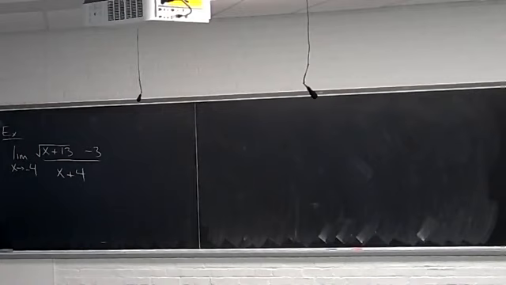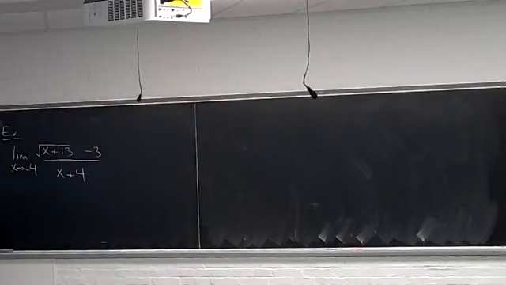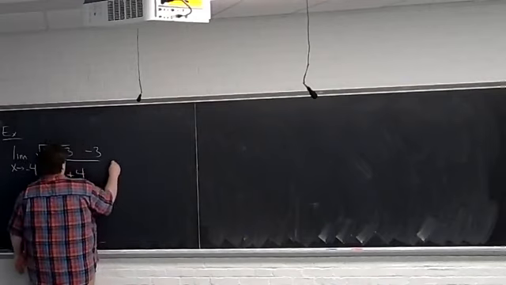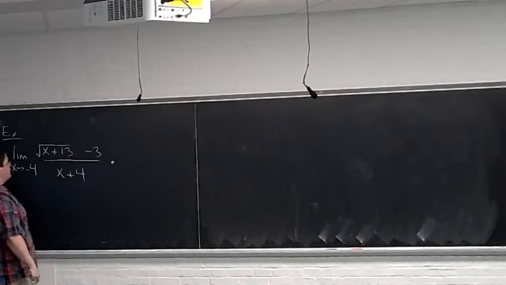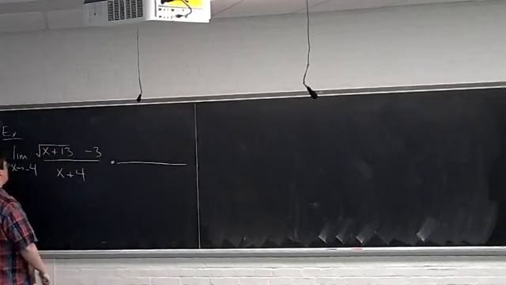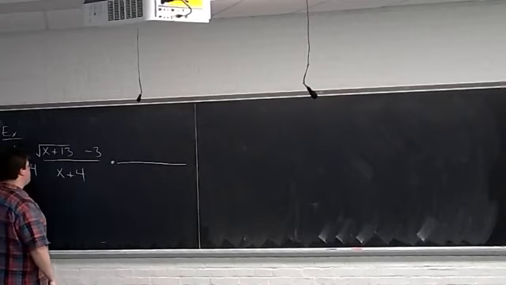Well, what algebra can we do? Algebra with square roots is far more inconvenient than algebra without square roots. So one thing we can do is change what this function looks like by multiplying by a convenient 1. We're going to write 1 as a convenient fraction, which will allow for a nice simplification of our square root.